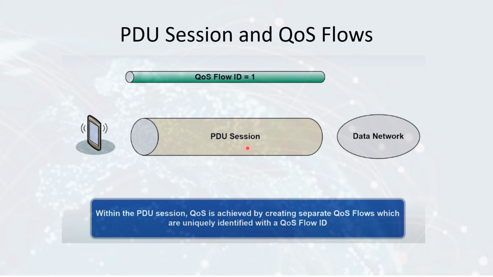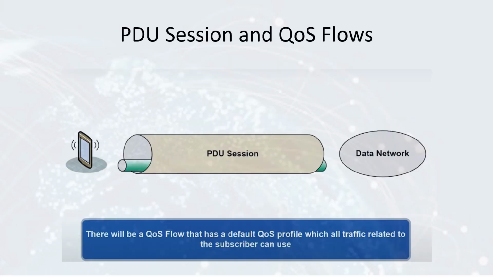So it will contain the QoS flow ID. So the one PDU session created for a UE may contain one or more QoS flow IDs.